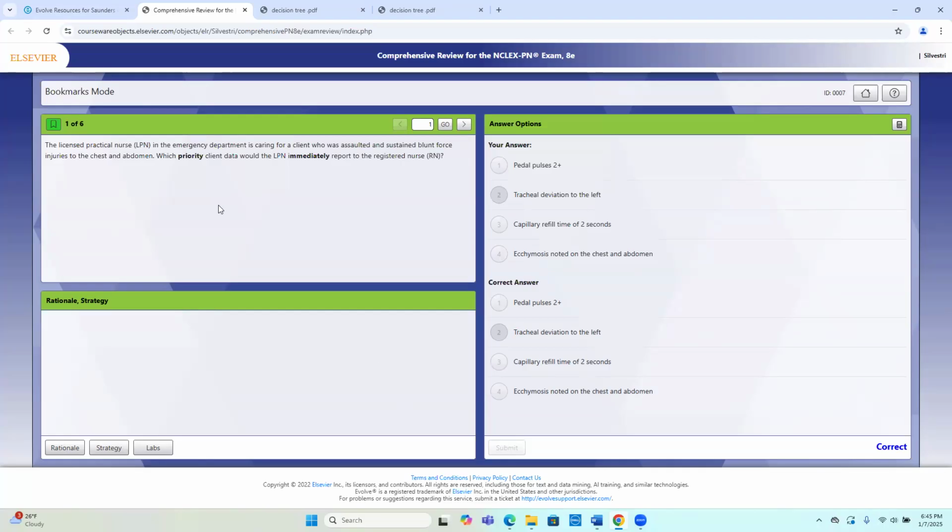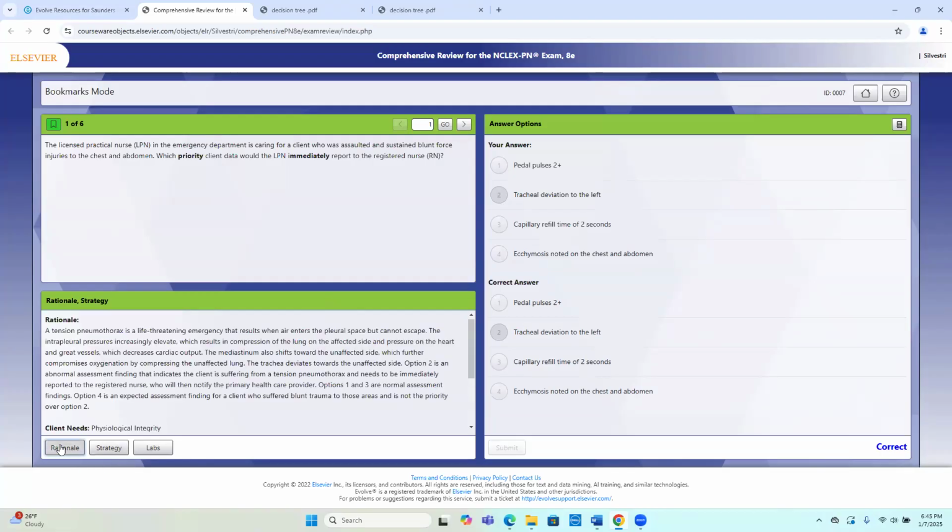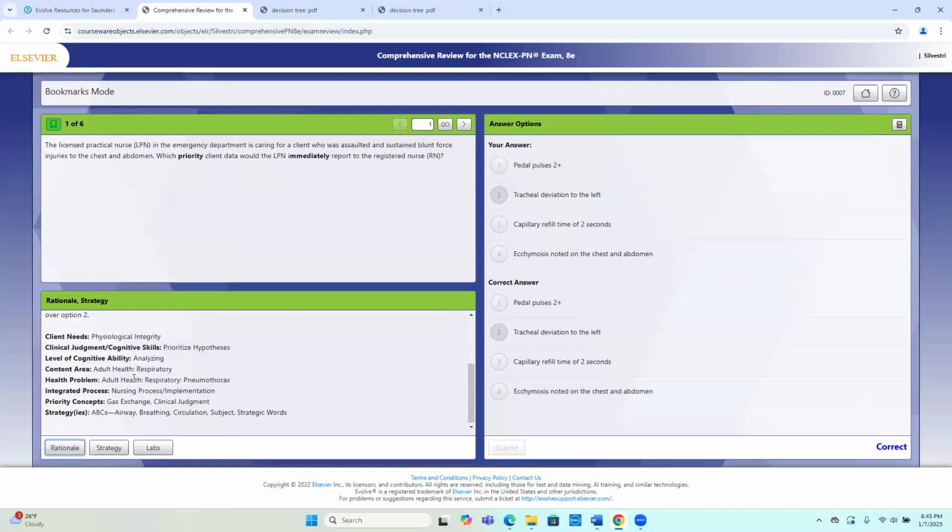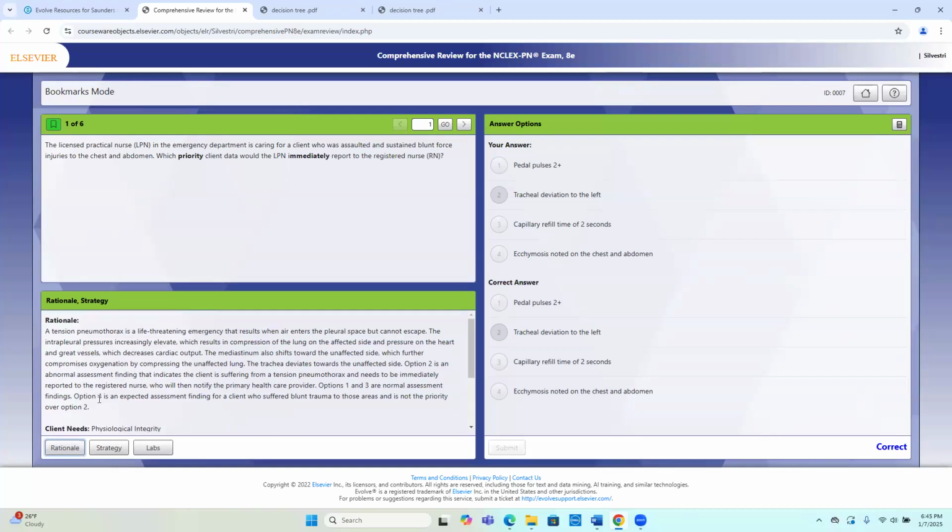Whenever you're doing your practice questions, please do not just think, oh, I got it right, and skip on to the next question. I want you to get really good at reading every rationale, if it gives you that option, as to why that answer choice was correct or why that answer choice was wrong.